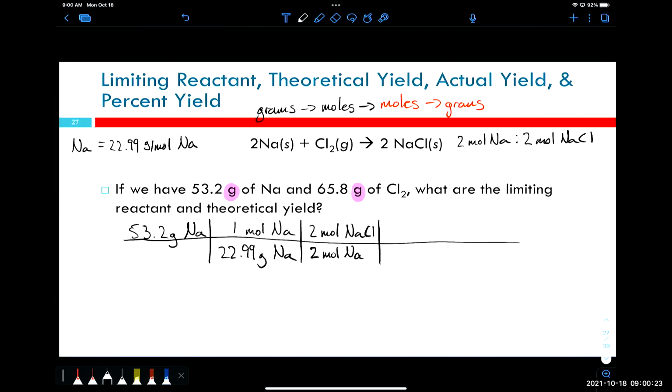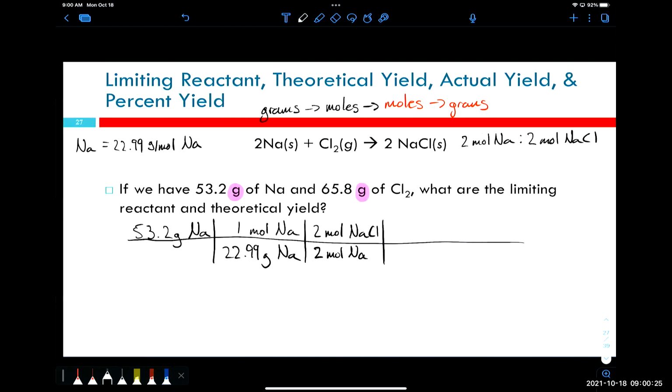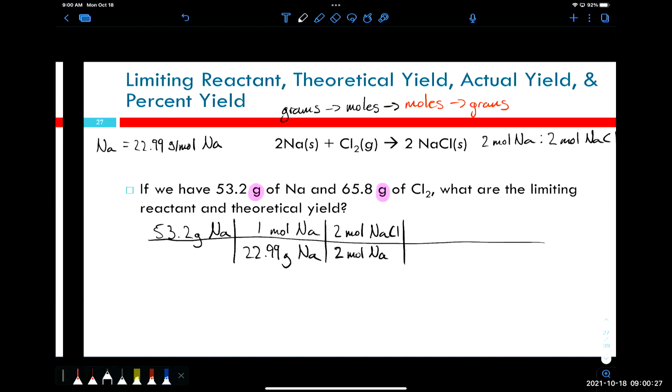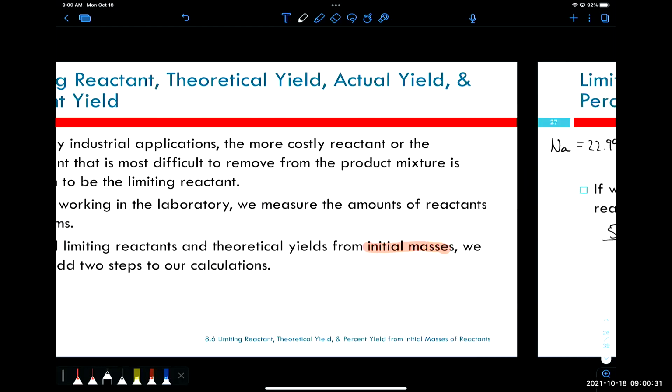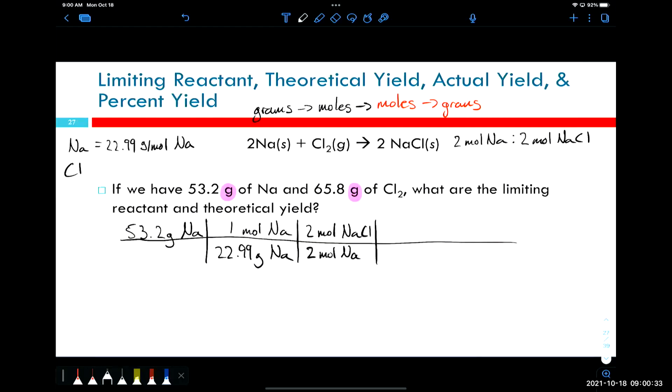It's not enough space. Let's do it like this. So the atomic mass of chlorine is 35.45 grams per mole chlorine.